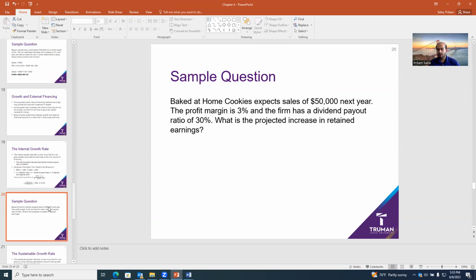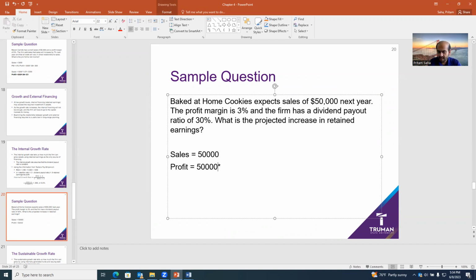Then I'm going to go over this. It's trying to tell you expected sales of 50,000 next year, profit margin 3%, payout ratio 30%, and asks for the projected increase in retained earnings. That means projected sales 50,000, profit is 50,000 times 0.03, so that should be 1,500.